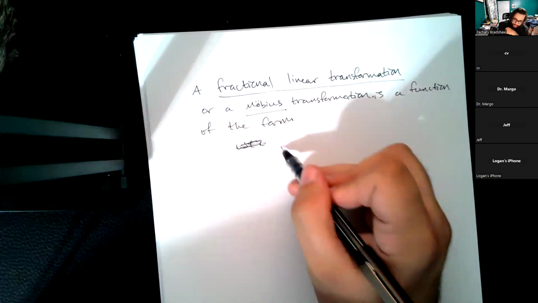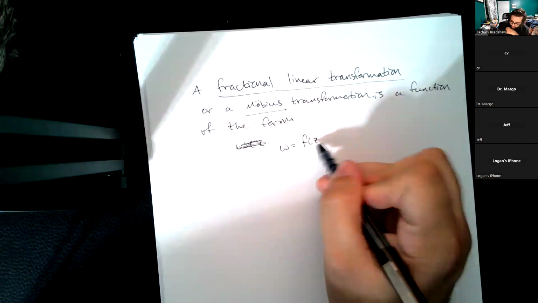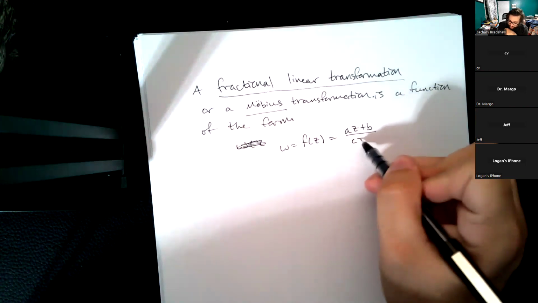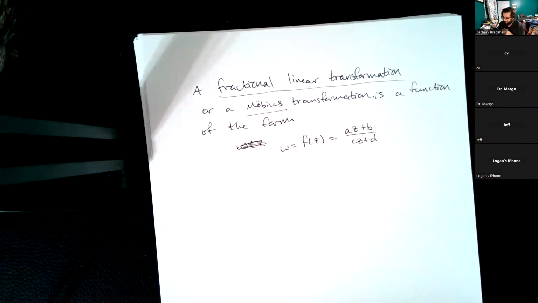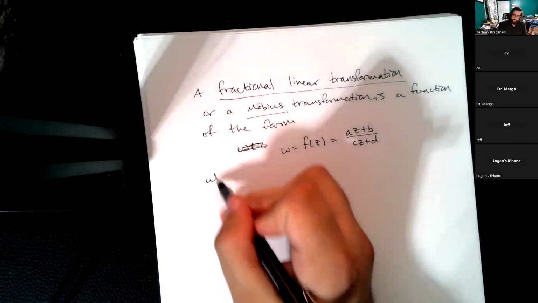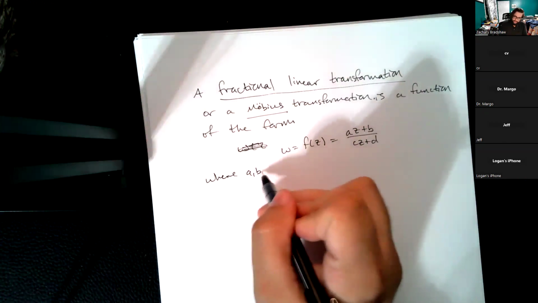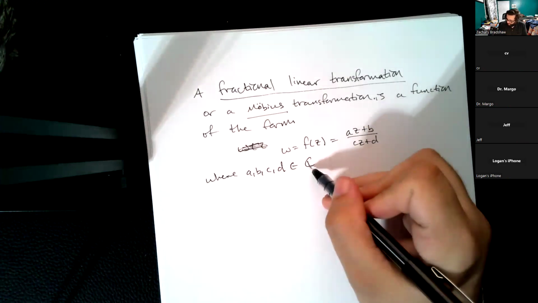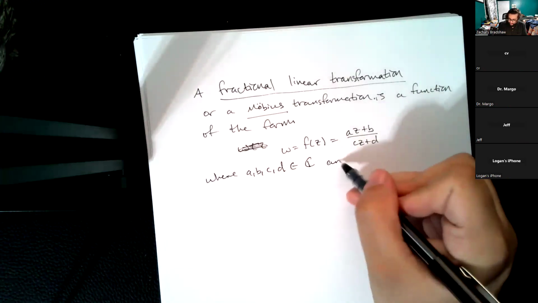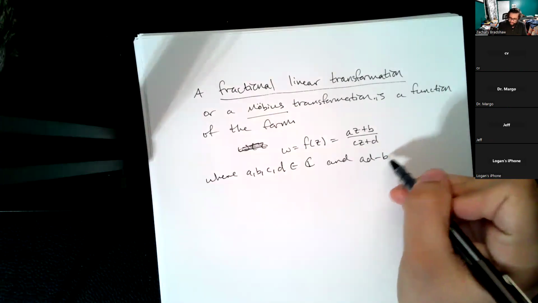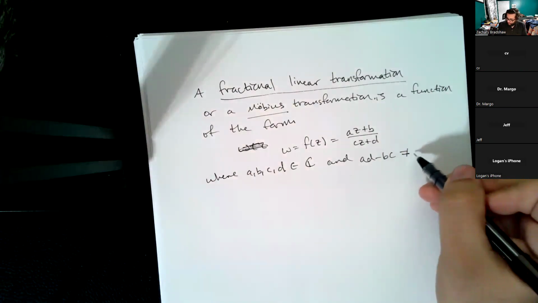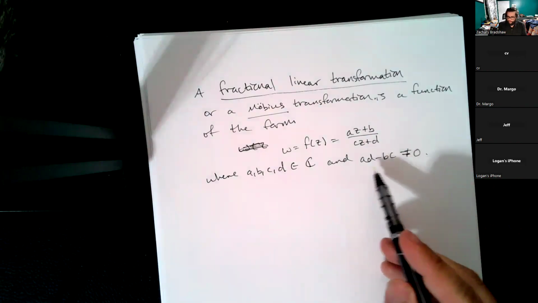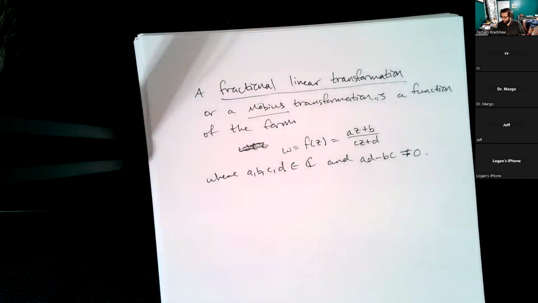Let's say w equals f of z equals az plus b over cz plus d, where a, b, c, and d are all complex numbers, and ad minus bc is not equal to 0. So I'll say more about this condition in a second.